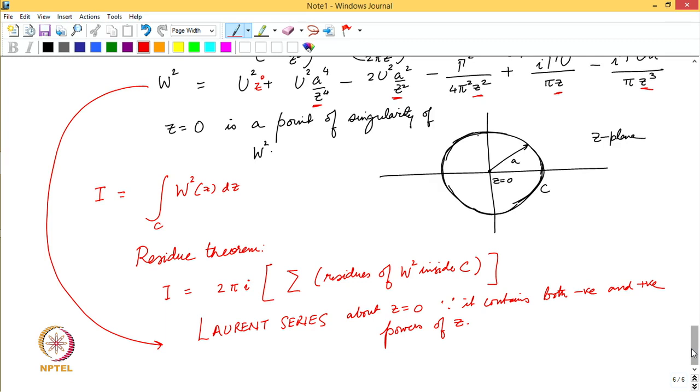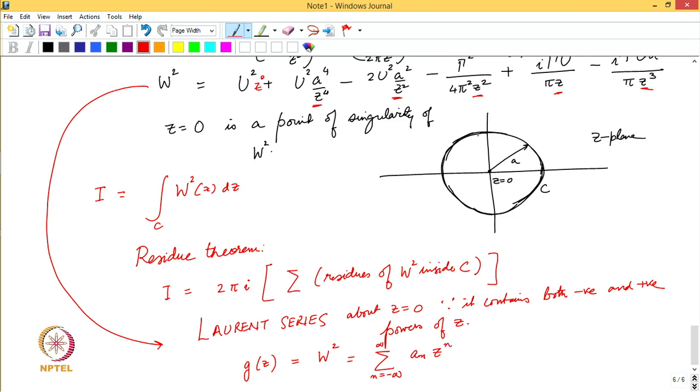The general form of a Laurent series about z equal to 0 would be, for example, some complex function g of z, which in our case is w square. We could write this as a Laurent series, which will have all possible powers, both negative and positive: a n times z to the power n.